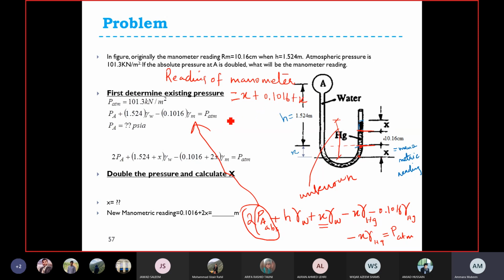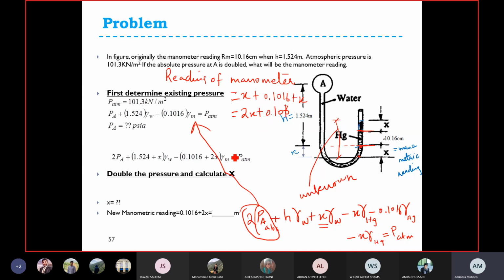So this is actually the reading of the manometer, which is 2x plus 0.1016. This is how you can apply the equation of the manometer to find out the value of pressure.